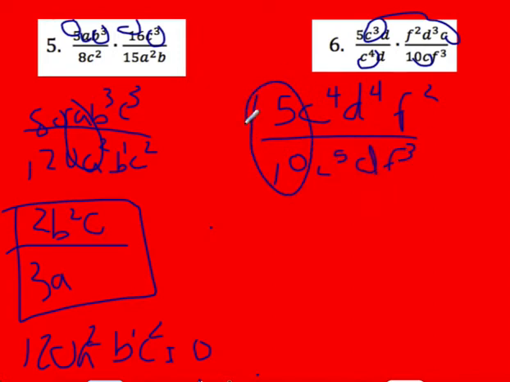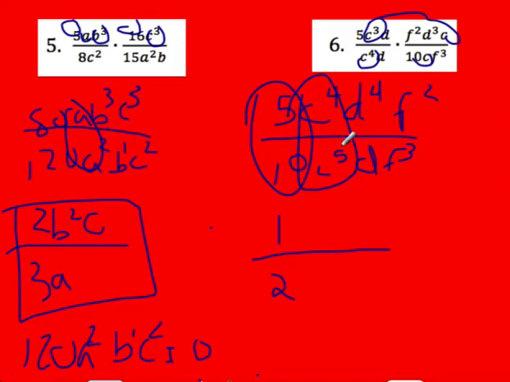So first thing I want to do is reduce that fraction. 5 divided by 10, that can be reduced to 1 over 2. Both 5 and 10 are divisible by 5, and then I'm left with 1 over 2. Then I'm going to have c to the fourth divided by c to the fifth. So when I subtract 4 and 5, I get 1.